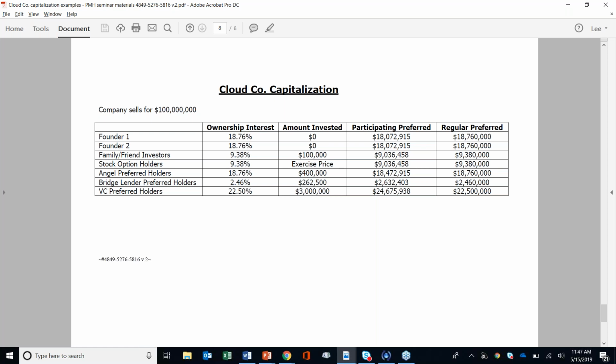And there are actually investors who say, I'm not coming into that situation where I have a lot of unhappy family and friends that are getting wiped out because they invested at too low of a valuation. We're going to have to recapitalize this company somehow.